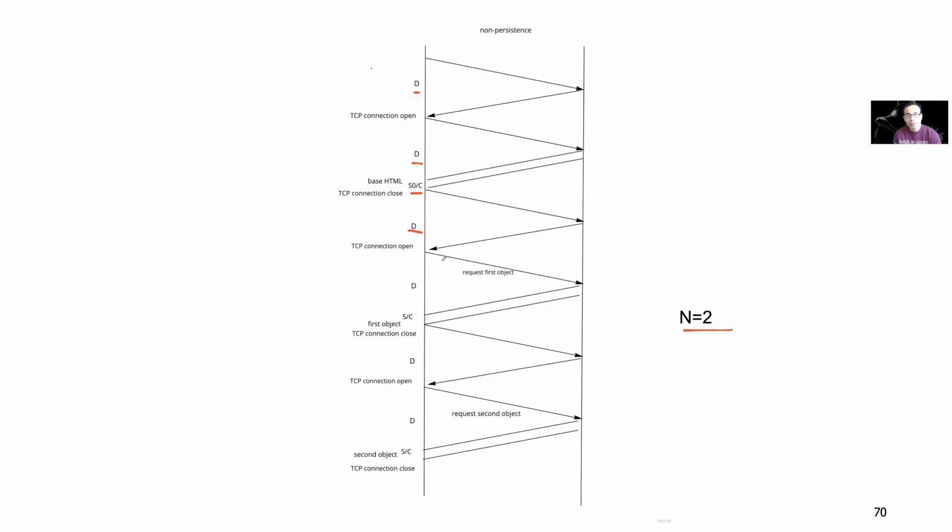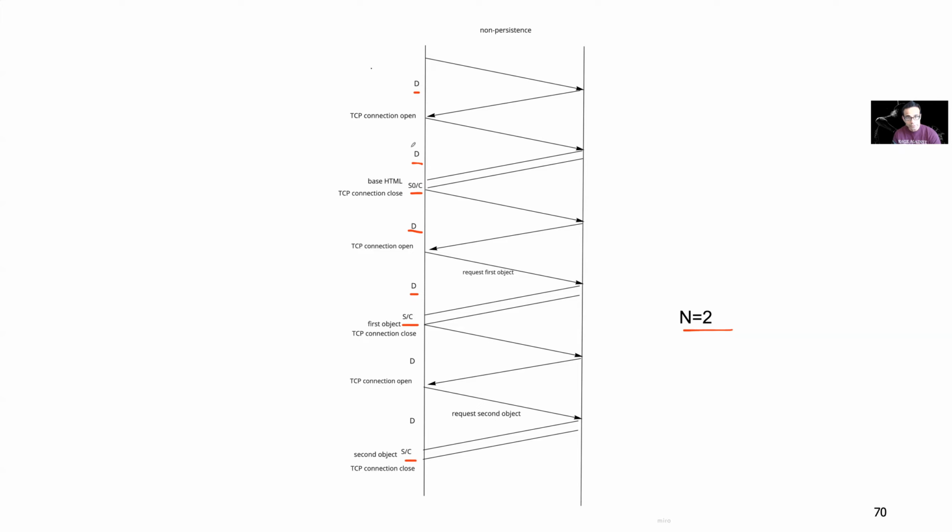So that's D. We request the first object, another D. The actual time to transmit that object is S by C. We close the connection, open the next connection, fetch the object, and then close the connection. So the total delay here would be how much? 1, 2, 3, 4.